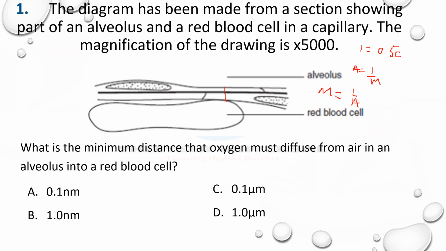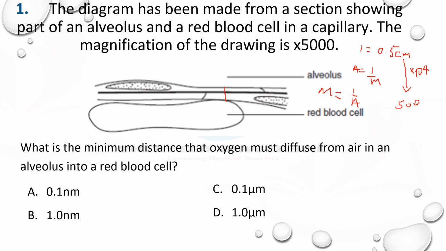So how do you convert centimeters to micrometers? You multiply by what? You got it, by 10,000. To move from centimeter to micrometer, you have to multiply by 10,000. So that's going to give us 5,000.